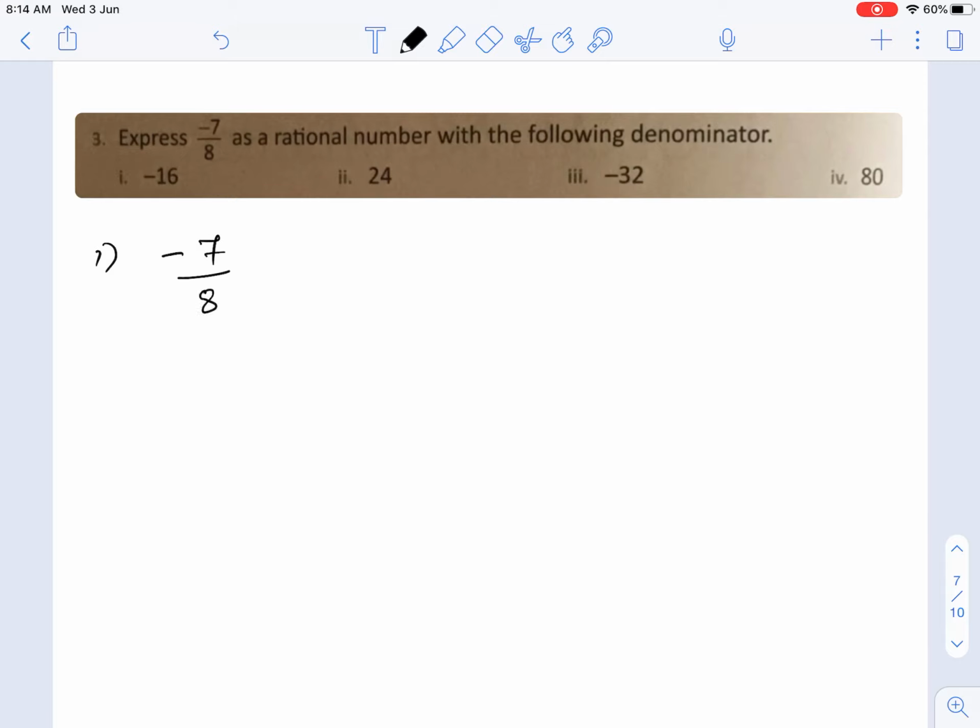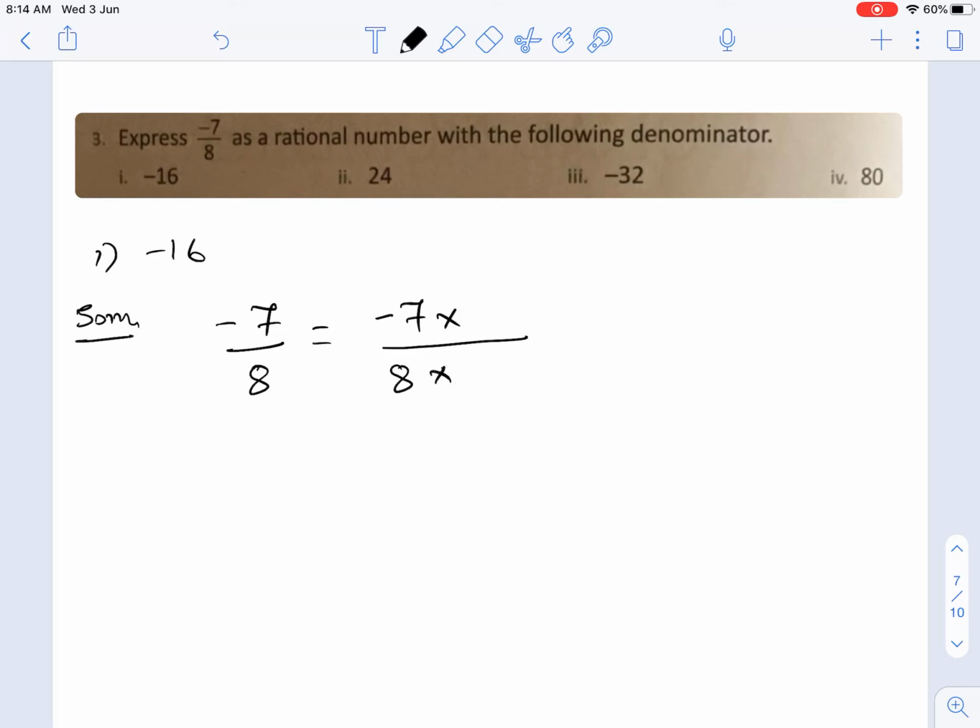We have minus 7 upon 8, we have to convert its denominator, that is 8, to minus 16. Okay, so now what we have to do, equals to, keep this minus 7 as it is, keep the multiplication sign, keep this 8 as it is, keep multiplication sign.